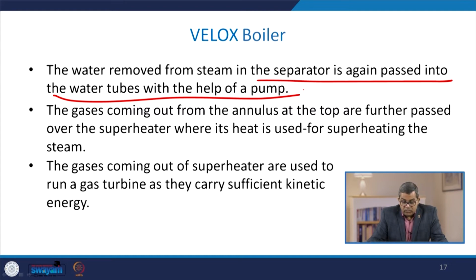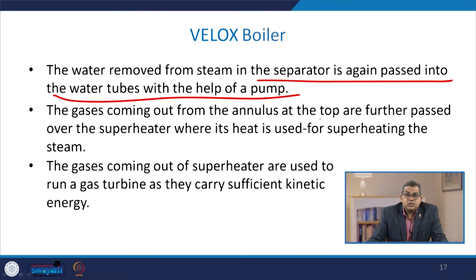So you need to conserve the water at this juncture also, and the water possesses significant heat value. The gases coming out from the annulus at the top are further passed over the superheater, where their heat is used for superheating the steam, which we have discussed in the previous slides.